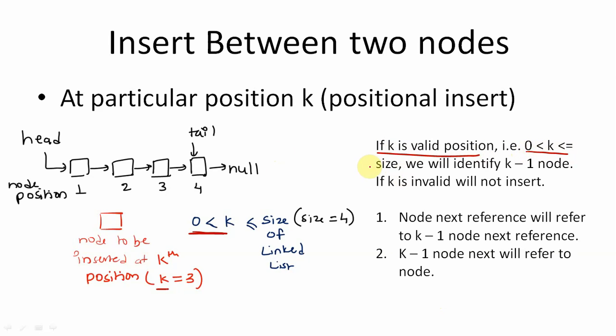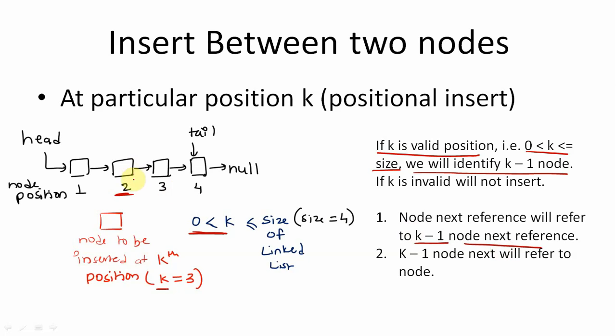So how do we identify it? We have to start from head and traverse by counting, and keep a reference to this. In the positional insert, we can count till the k minus 1 position and we will be able to insert.